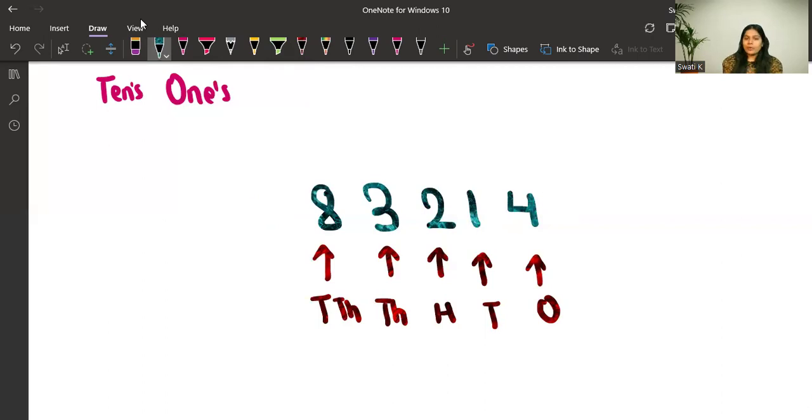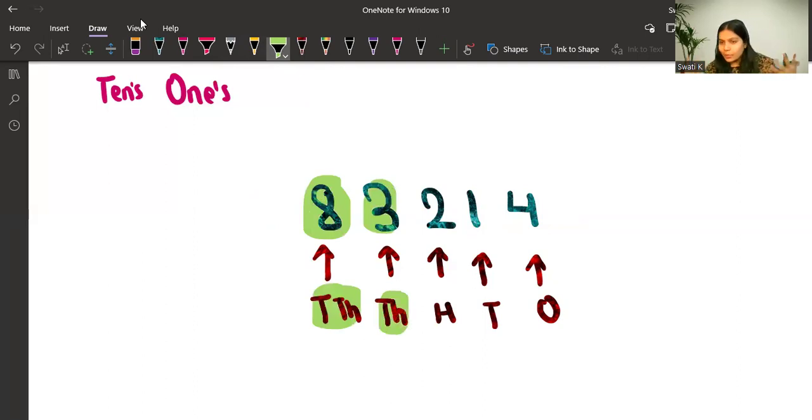Just to make you understand how we read this: depending on the place value, we read the numbers, but here there is something different. You can't read this number as 8, 10,000, then 3,214.